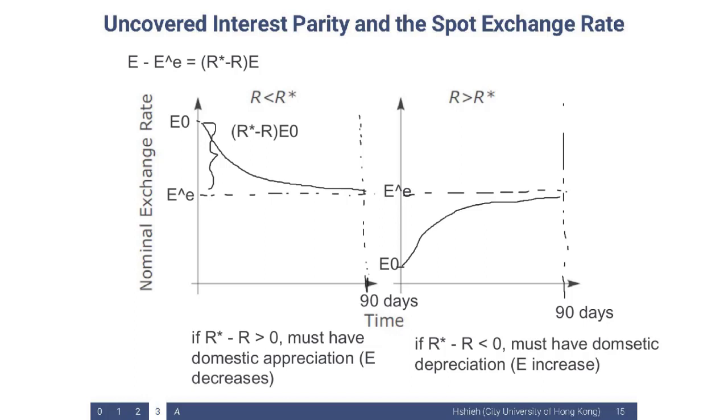Okay? And therefore, this gap here represents R star minus R times E naught, right? So what does this tell us? That means that if there's any change in R that makes this gap larger, then the spot rate has to adjust, given that we have anchored expectations, in such a fashion that allows us to appreciate or depreciate the currency enough in the future, right?